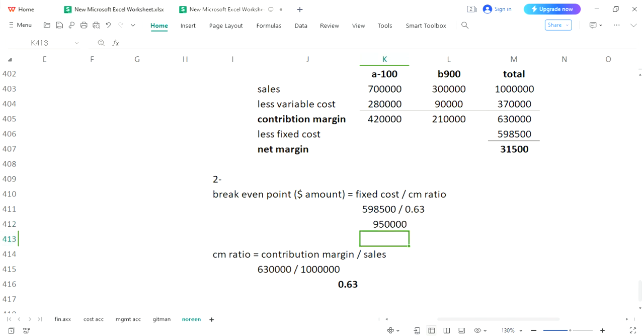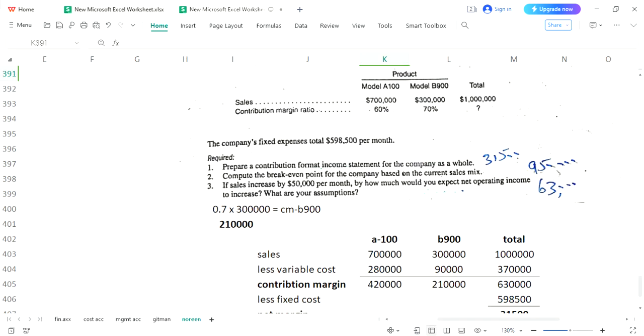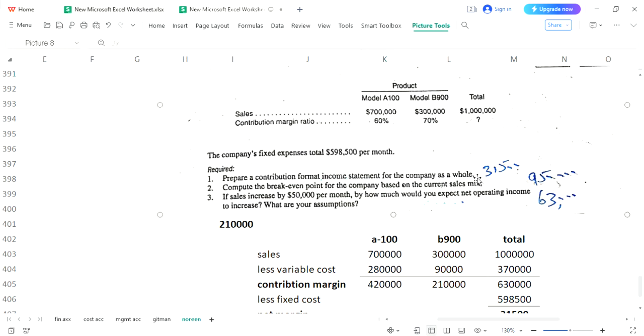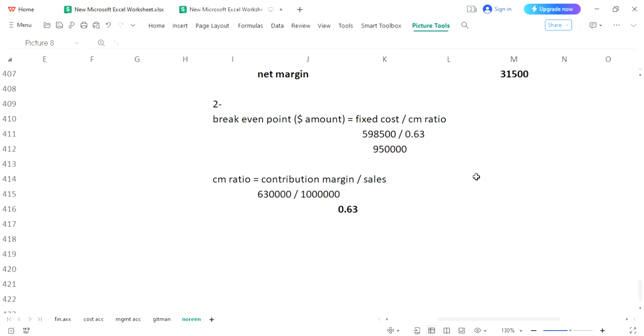Alright, so 9,50,000 is the break-even point you have calculated, and the second part you have solved. Break-even point based on sale, 9,50,000 answer is mentioned over here, and your answer is also 9,50,000. So break-even point is calculated.